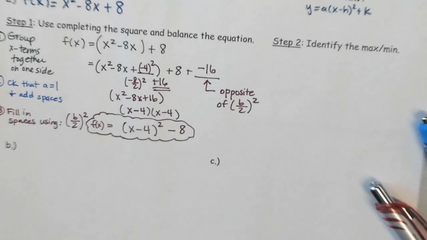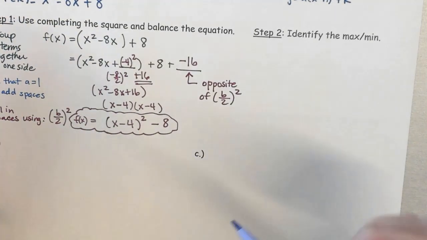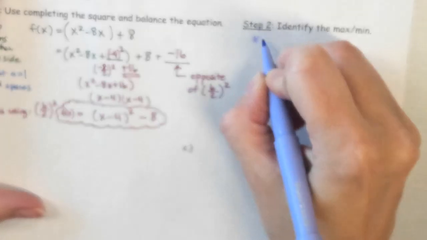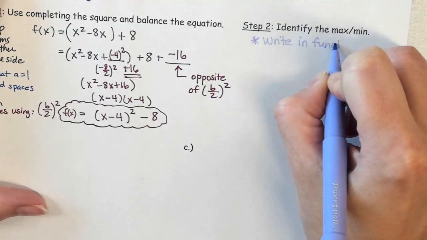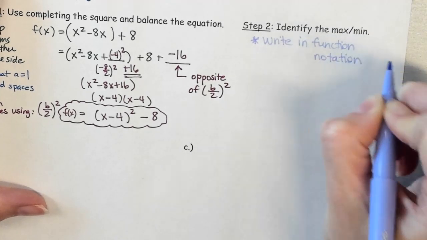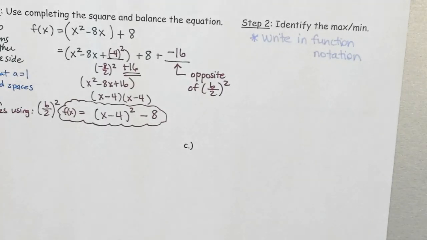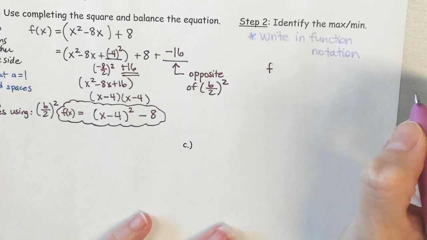Okay, and then all we have to do is identify the max and min. And again, this textbook has you write it in function notation. So that's how we're going to do it as well. Okay, so function notation is just going to be, remember how we normally write f of x?